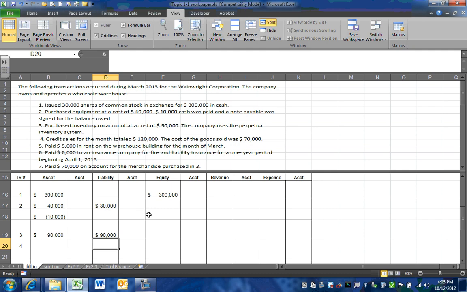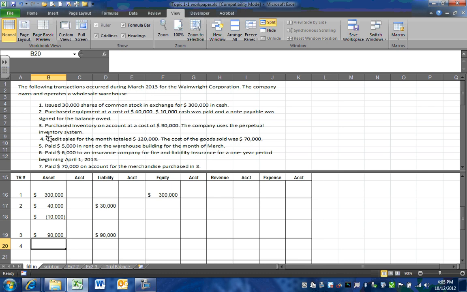and liabilities by $90,000. The next statement, the company uses the perpetual inventory system, is important because if you remember back to your earlier accounting classes, when we use the perpetual inventory system, we're going to recognize both the asset that we receive from the sale, which occurs in the next transaction. Here we sell on credit.